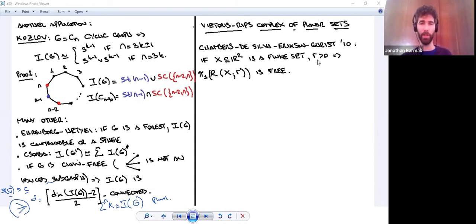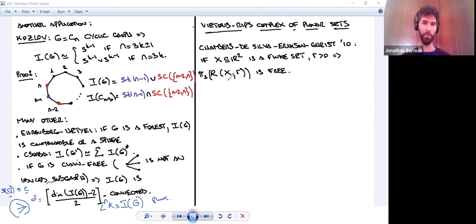And there is a result, I think it's from 2009, probably it was published in 2010, by Chambers, de Silva, Erickson, there is a C missing here, so Erickson and Ghrist. They proved that the Vietoris-Rips complex of this planar set, wherever this R is, the fundamental group will be free.